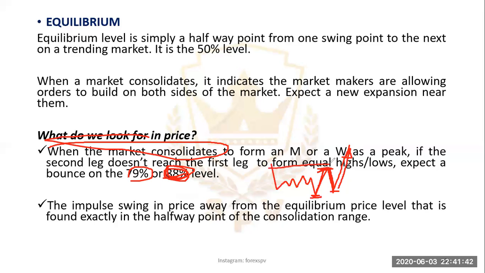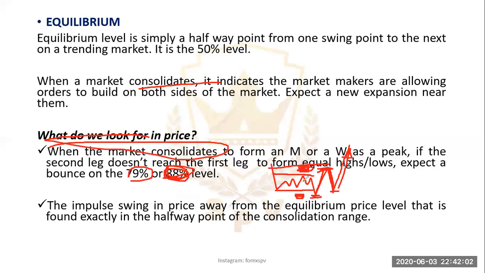See, when the market is consolidating, from this point to this point here, the market was consolidating, meaning that orders were accumulating on both sides. We're talking of the pending orders or the stop orders.